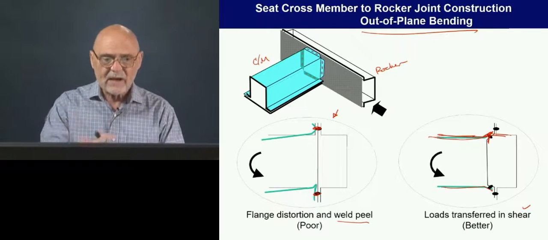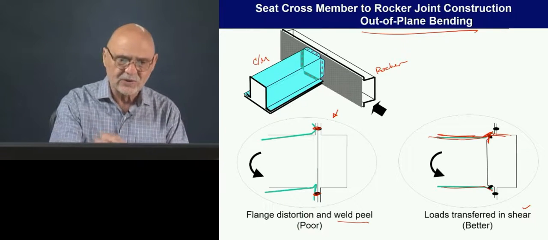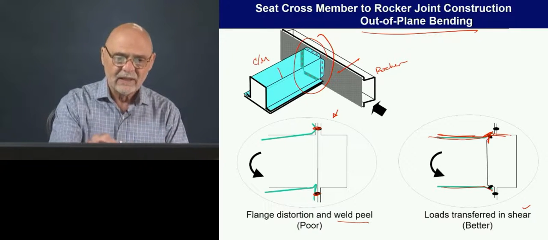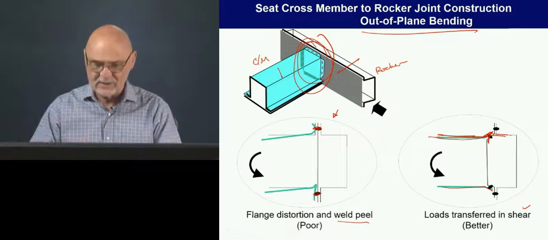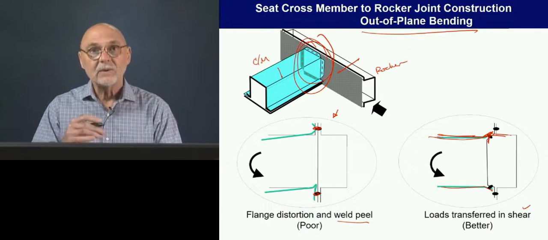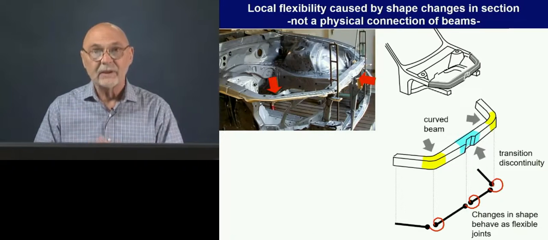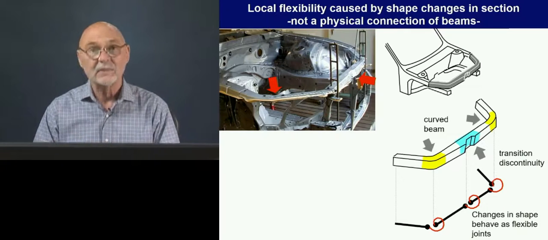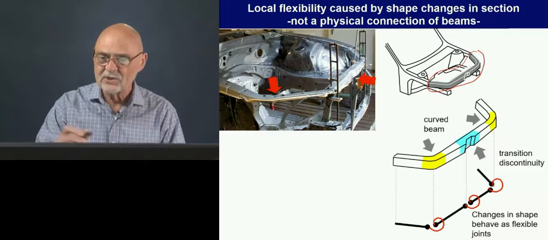Okay, so I think now what we've been kind of thinking about are things like these physical joints. Right? There's a beam here and a beam here, and here is a connection between the two beams. So we can kind of isolate them, we can take them apart. Really, we can have an effective joint whenever we have a large discontinuity, even if the beam is continuous. So here we're illustrating a continuous beam.